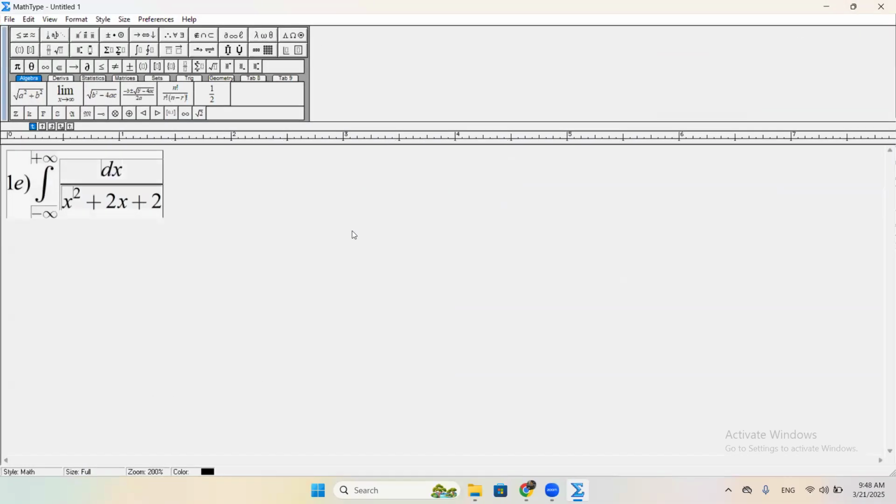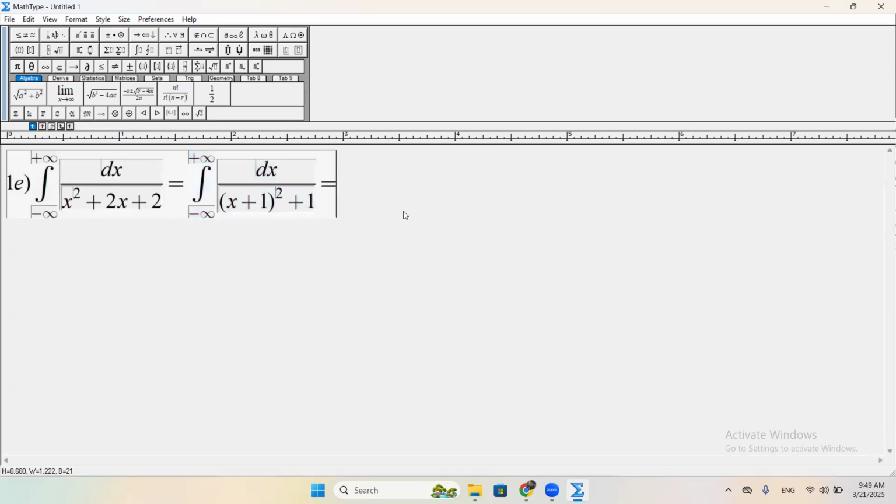So first of all, let's extract the perfect square. So x squared, so what will we have? (x plus 1) squared plus 1.